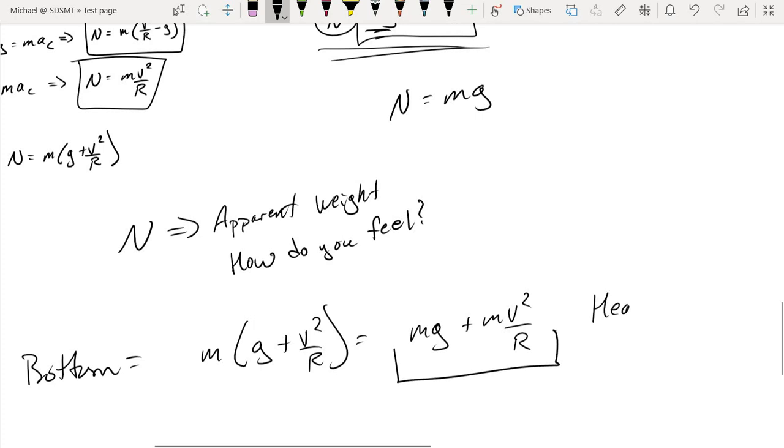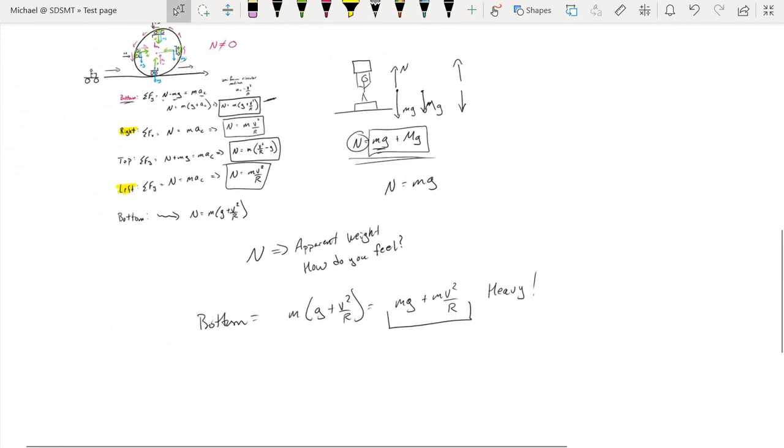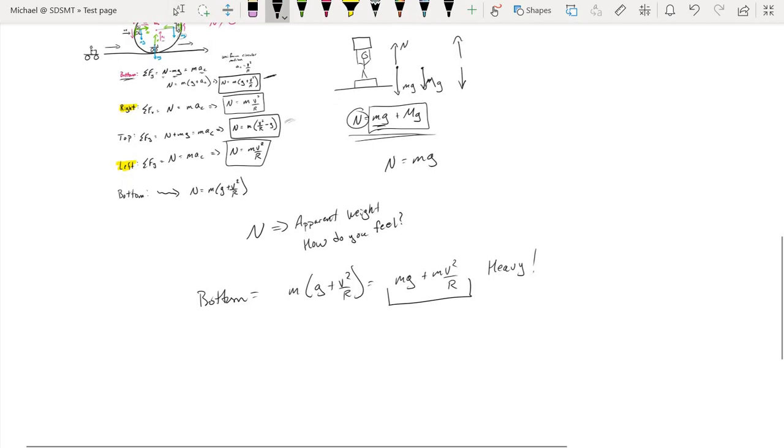And together, this is going to make you feel very heavy when you get to the bottom of that loop. When you get to the top of the loop, we have mv squared over r minus mg. The difference in these two values is actually the smallest of all of the values that we had. And so here you're going to feel extremely light.